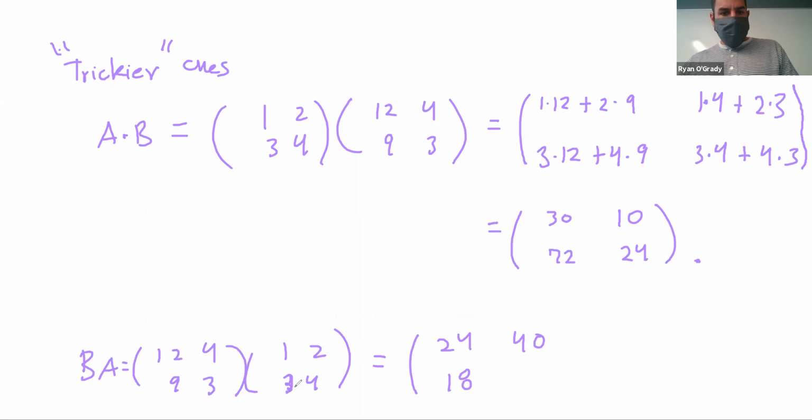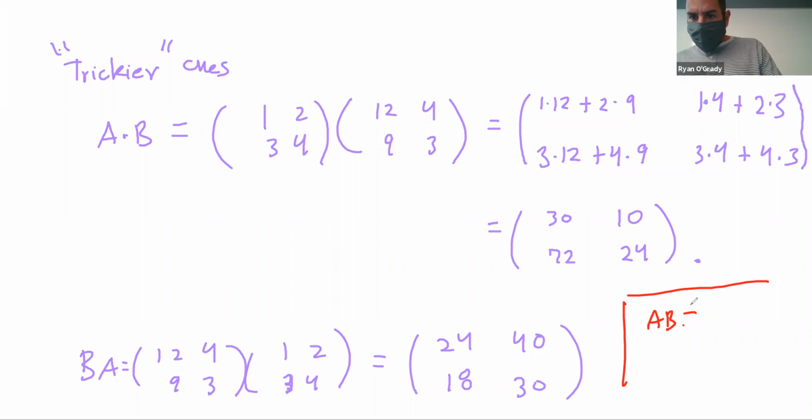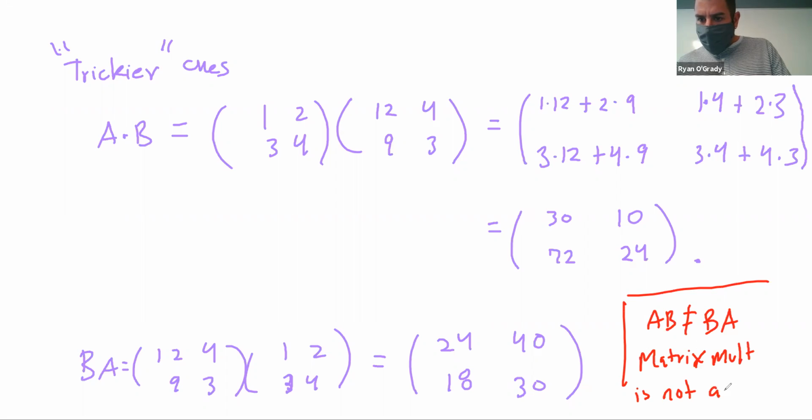And then 18 and 12 is 30. So the big thing to take from this is AB doesn't equal BA. Or maybe a better way of saying that is, matrix multiplication is not always commutative.